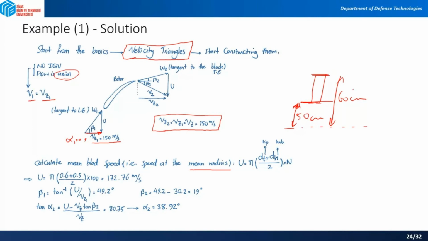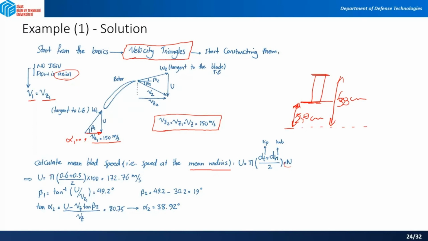The peripheral velocity is actually your RPM times pi times r, right? The question said that the diameter is 50 and 60, so actually this is 25 and this is 30, the radius.